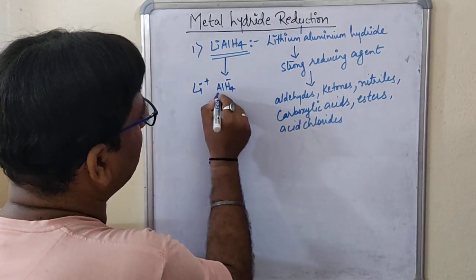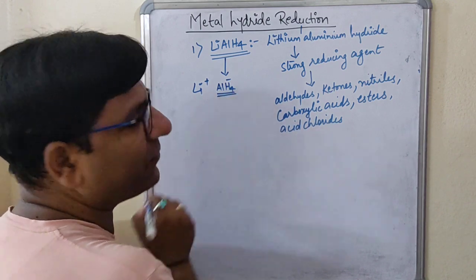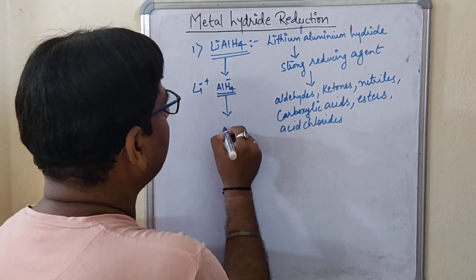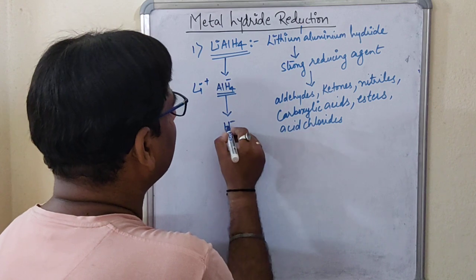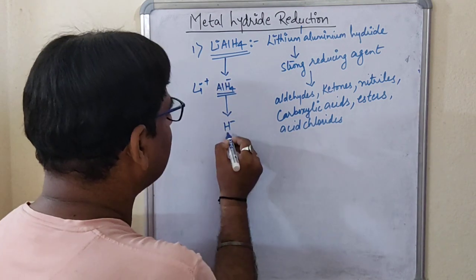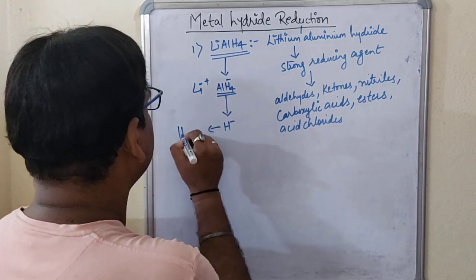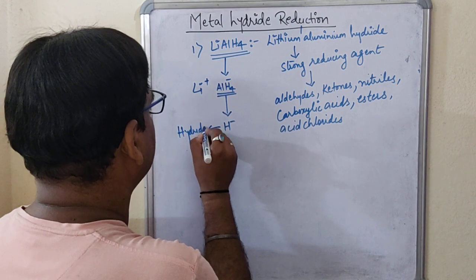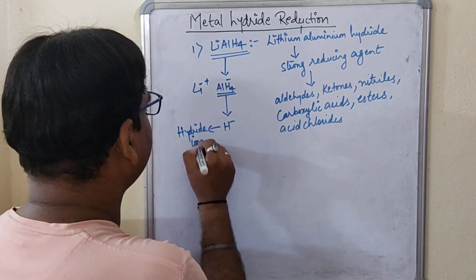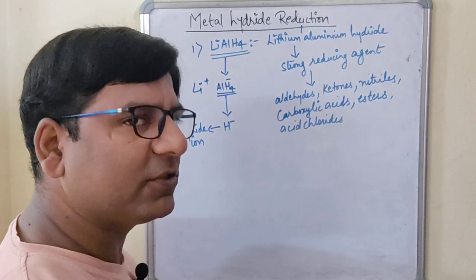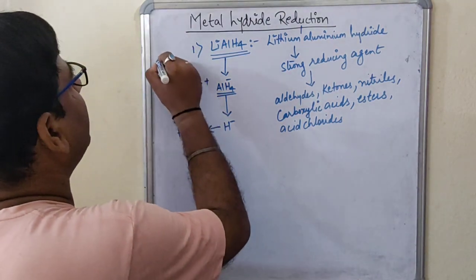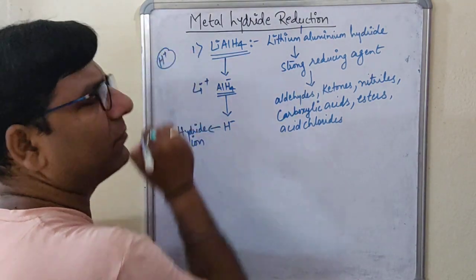Actually, what happens is from this AlH4 minus, this will give you what? H minus. And this H minus is said to be the hydride ion. Okay, H minus. In the same way, H plus, you know, this is the proton.